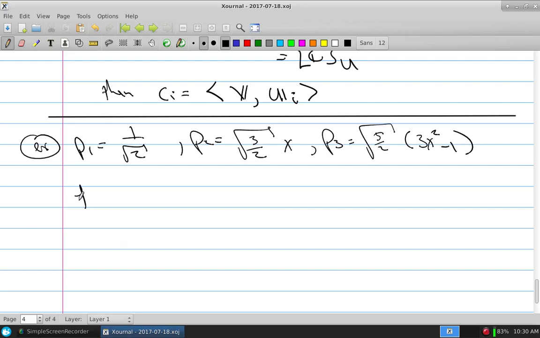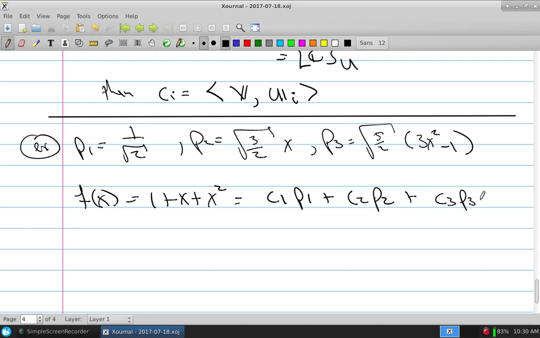So if I wanted to, I could say, hey, what about the function 1 plus x squared? It is going to be how much of P1, how much of P2, and how much of P3. Those coordinates will tell you how much of the first polynomial, how much of the second, how much of the third would get you the same thing as 1 plus x squared.